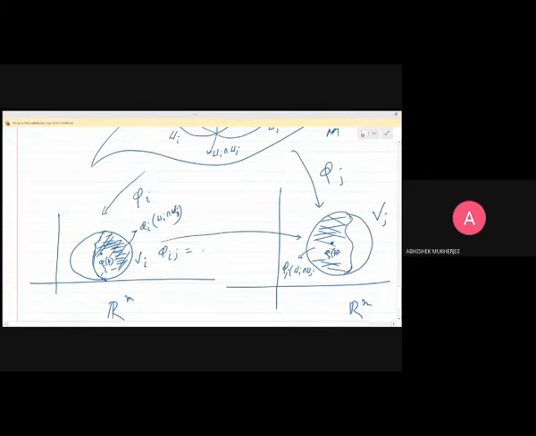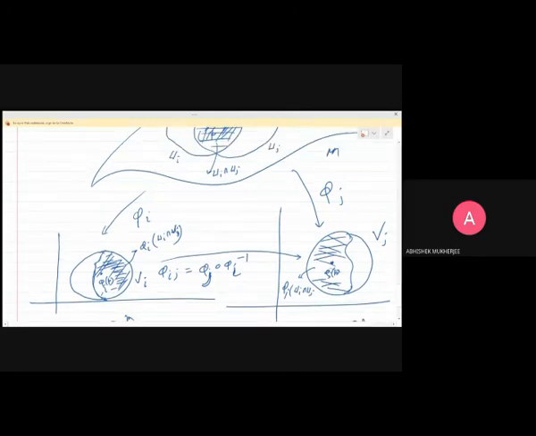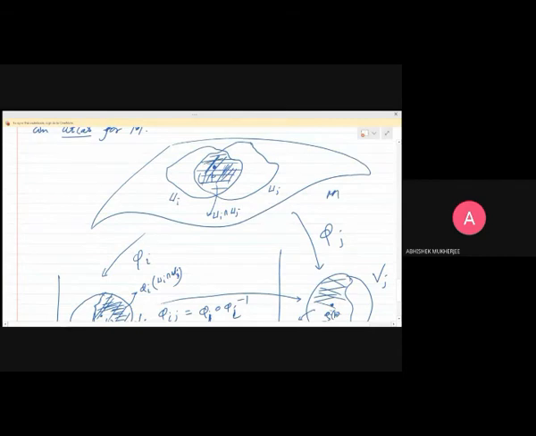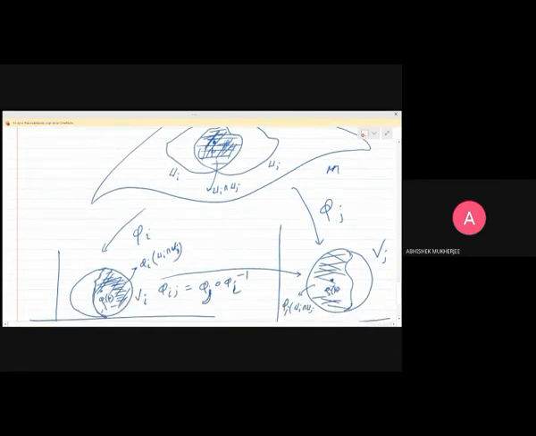That is, phi_ij is phi_j compose phi_i inverse. Firstly, phi_i inverse will take phi_i of U_i intersection U_j to the common part, and then under phi_j it will map to this one.